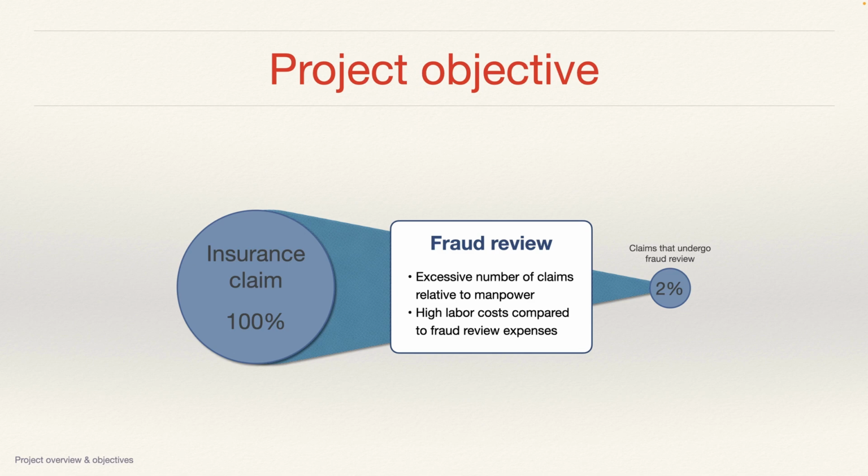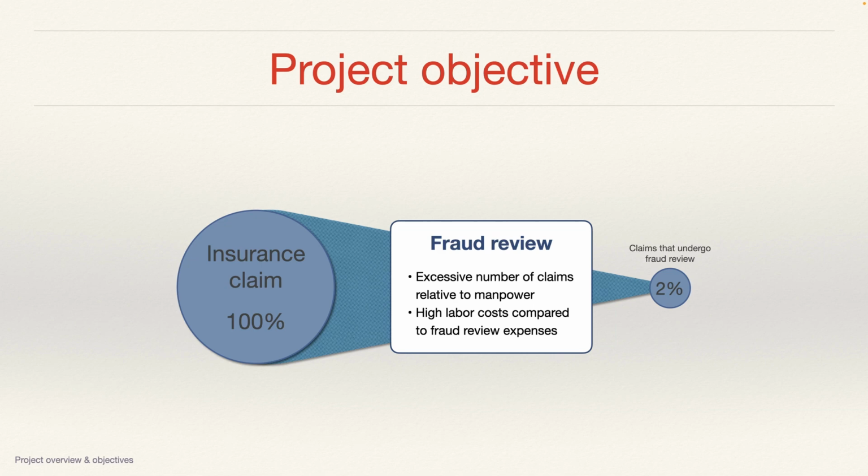And more importantly, investigating small claims might not be cost effective. As an example, if a fraudulent claim requires a payout of $100 but costs maybe $500 to investigate, it's clearly a loss for the company. This is why insurers tend to focus their fraud investigations on larger claims, leaving many smaller cases unchecked due to resource constraints.